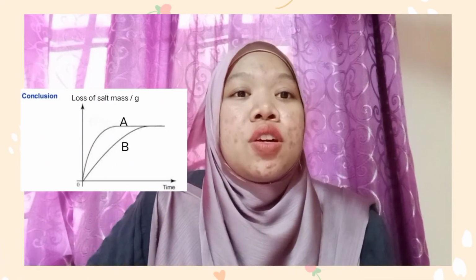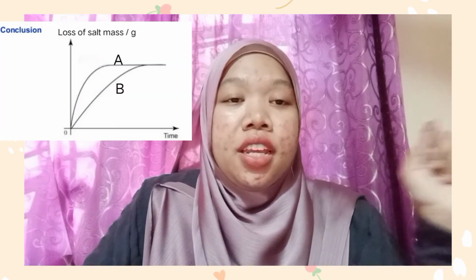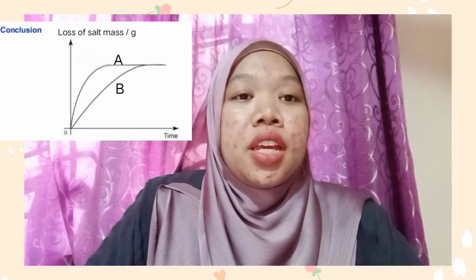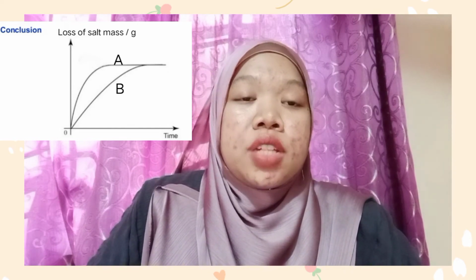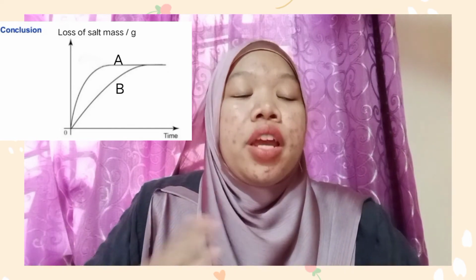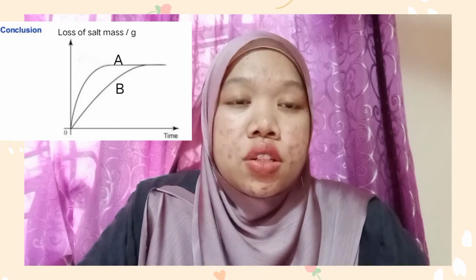So for the conclusion, I will give a graph for this experiment. As we can see, line A is higher than B. A refers to small size, which is fine salt, and B is for coarse salt.